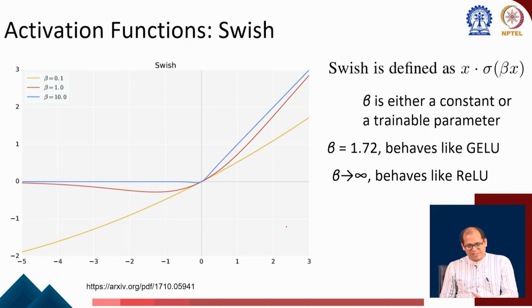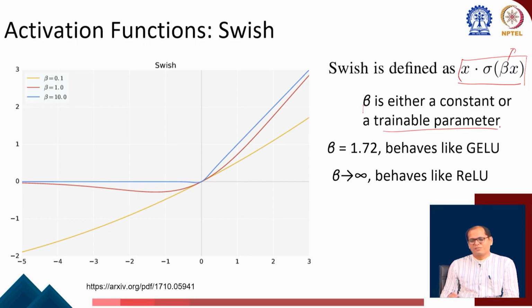Now there is another activation function, that is the swish function. If you see, the formulation is very similar to GELU, except that you have a term beta which can either be a constant or a tunable parameter. If you put beta to be 1.72, it will start behaving like GELU. If you put it to be infinity, a very large beta, it behaves like ReLU. For another beta value, like beta equal to 0.1, it behaves like another activation function.